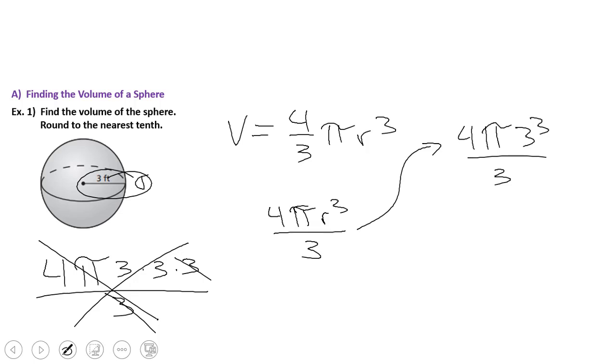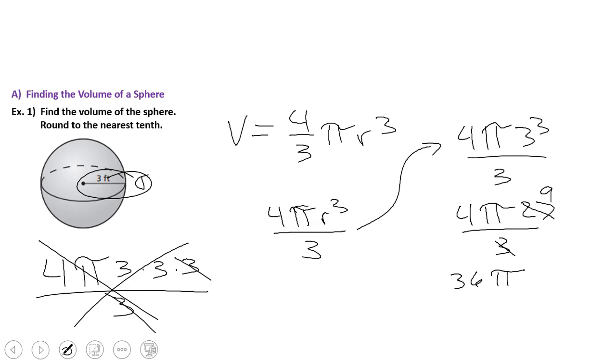And I'm going to say that 4 times, well, let's go 3 cubed. And I'm going to show you on your calculator how to cube when you come to school tomorrow, otherwise it's just 3 times 3 times 3. So that would be 4 pi 27 divided by 3. And then you can simplify that and say 3 goes into 27, 9. So 4 times 9, that would be 36 pi.